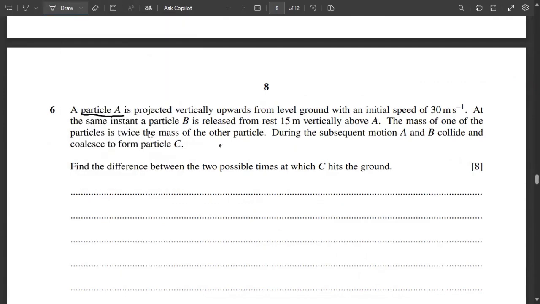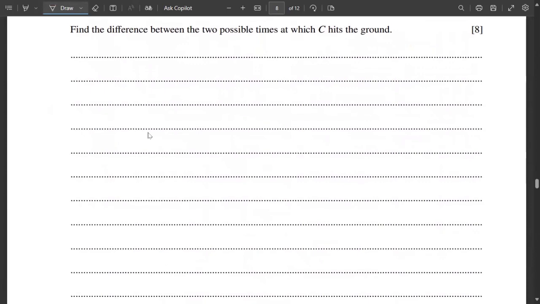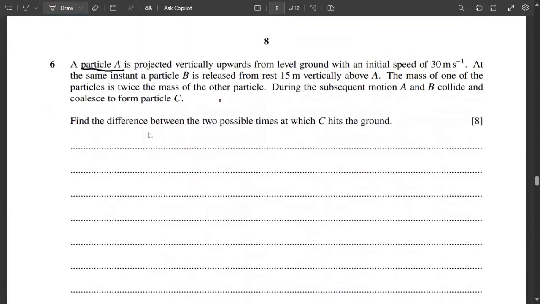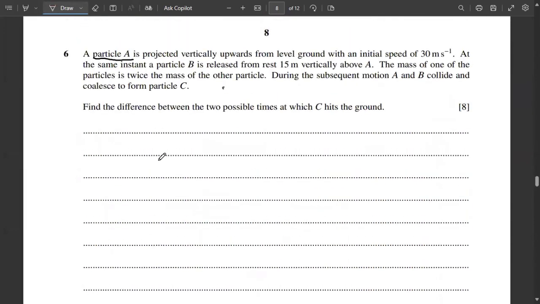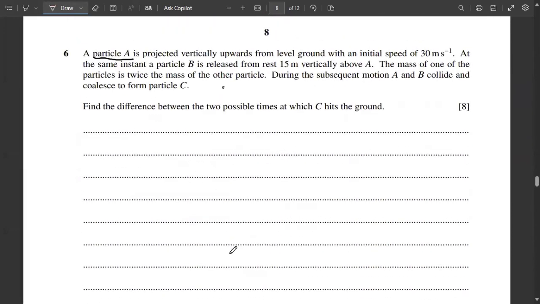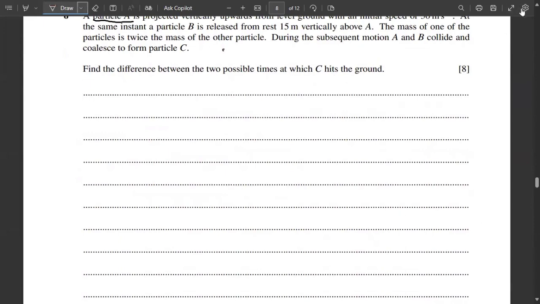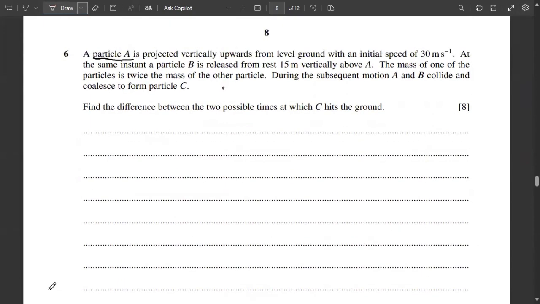Let's start drawing the diagram. I'm very much interested in drawing this diagram. I'll reduce the size one more bit. Yeah, this is perfect.